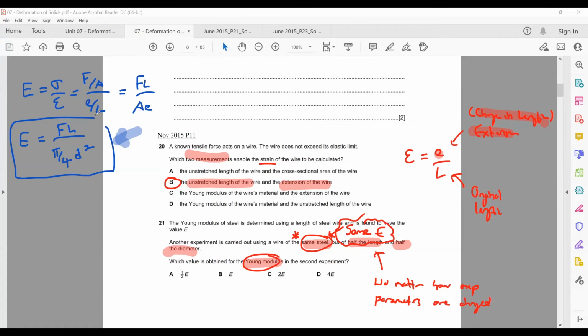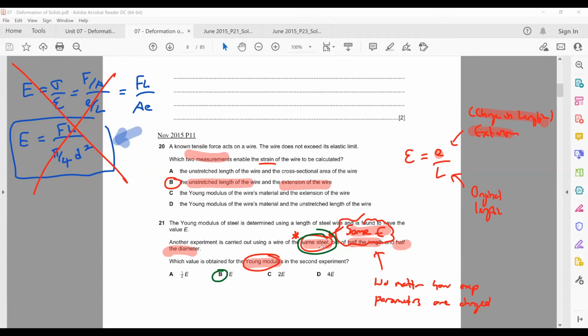So actually there was no need to do this, where I assume same E, same F, and whatever to do ratio. This one itself already tells you the answer. Same steel, same E. So the Young's modulus that you get for the second experiment is just going to be E. There's no need to go through any long-winded process.